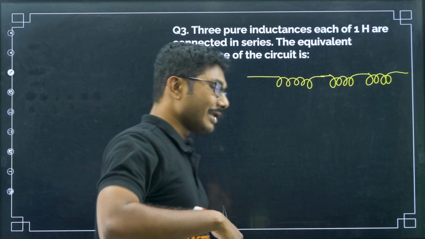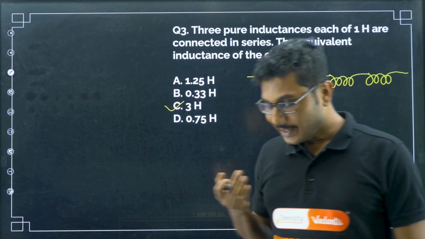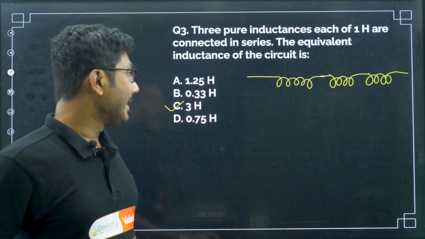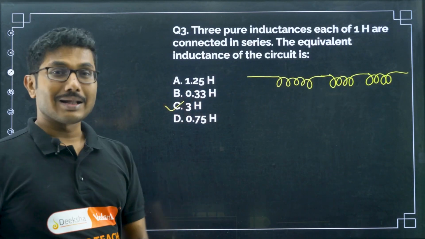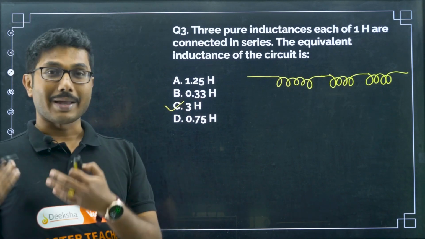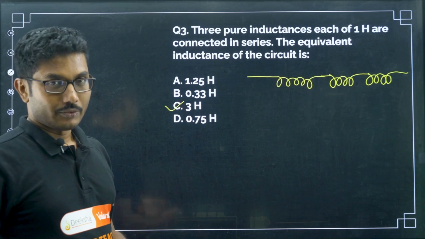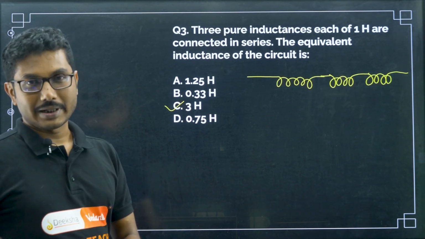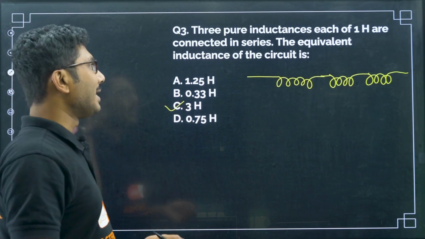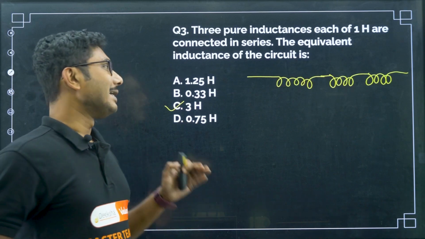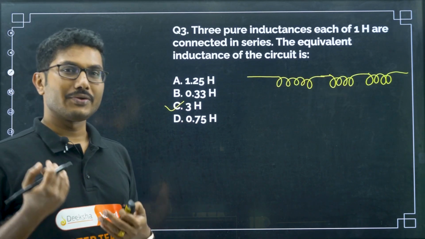When they are connected in parallel, they behave just like resistances in a parallel combination, so 1 by Leq equals 1 by L1 plus 1 by L2 plus 1 by L3. But when they are connected in series, their inductance simply gets added. So it will be 3 Henry.